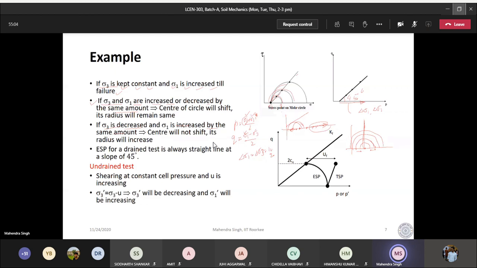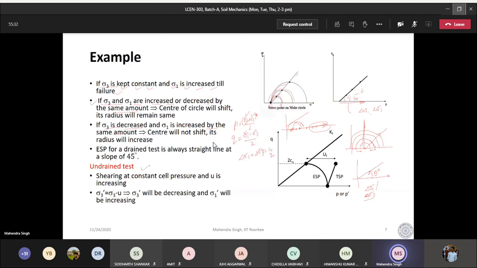So in fact, if I give you that there is a stress path which is making, let us say, theta degree angle, and you have to tell me what is happening with the stress changes, then you should be able to tell me how delta sigma 1 and delta sigma 3 are changing. So this is the way we can draw this stress path.